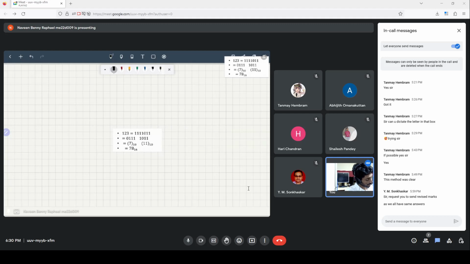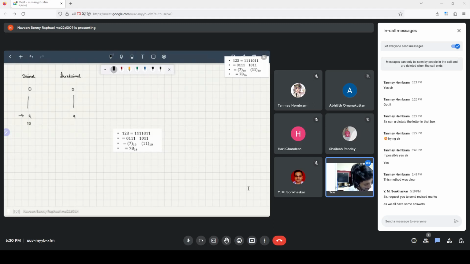So when you convert decimal to hexadecimal, from 0 to 9 is the same.